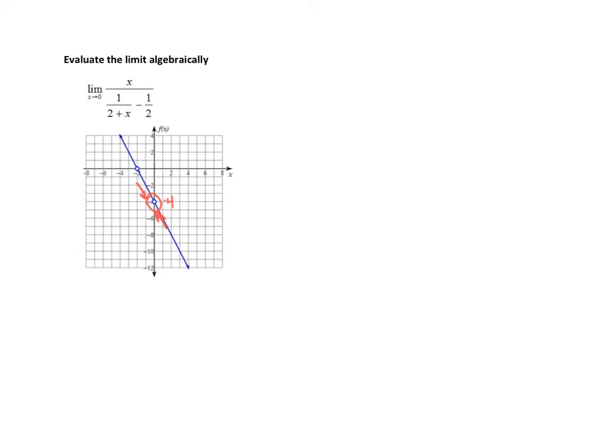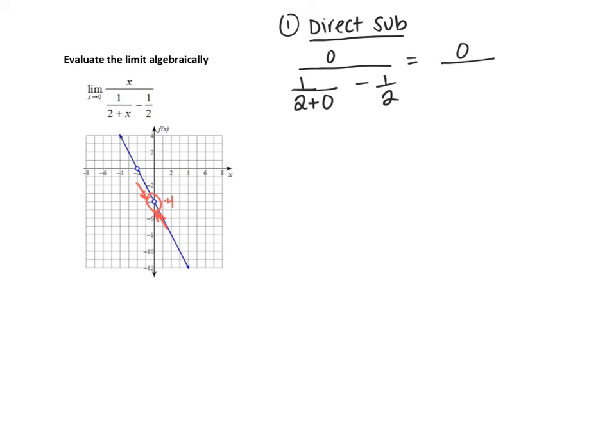So just like usual, our first step is always direct substitution. All right? So I want 0 over 1 over 2 plus 0 minus 1/2. So 0 over, and this 1 over 2 plus 0 is 1/2, minus 1/2, which is 0.